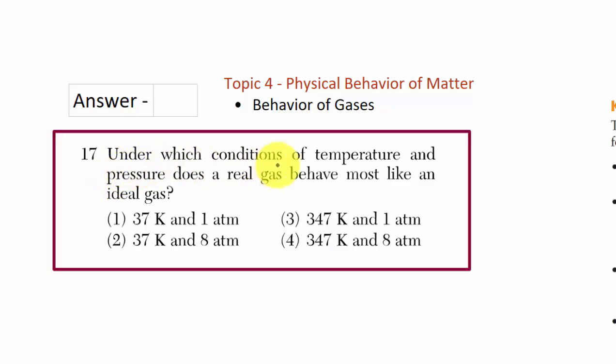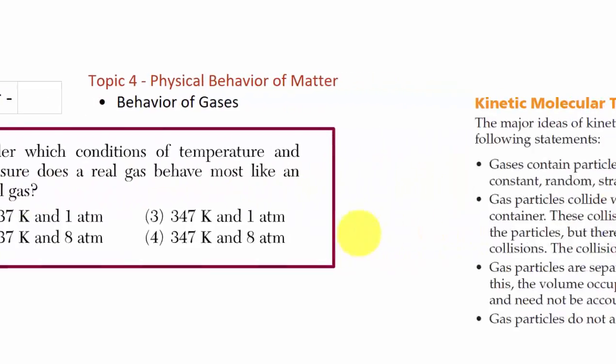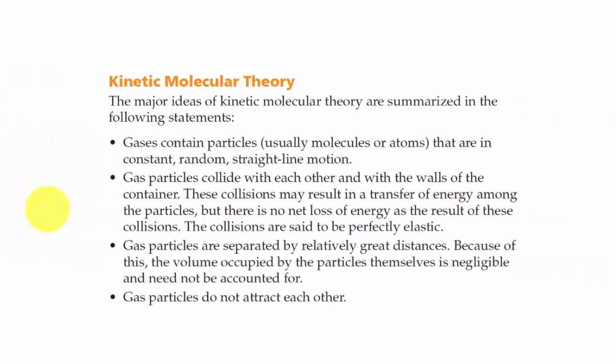Question 17. Under which conditions of temperature and pressure does a real gas behave most like an ideal gas? Bringing back the kinetic molecular theory into our view, an ideal gas is going to follow the 4 bulleted points dealing with kinetic molecular theory very closely. And if we read through those items again, we would note that we would like our gas particles to be very far apart from each other and moving very quickly and be free of any contact from each other.